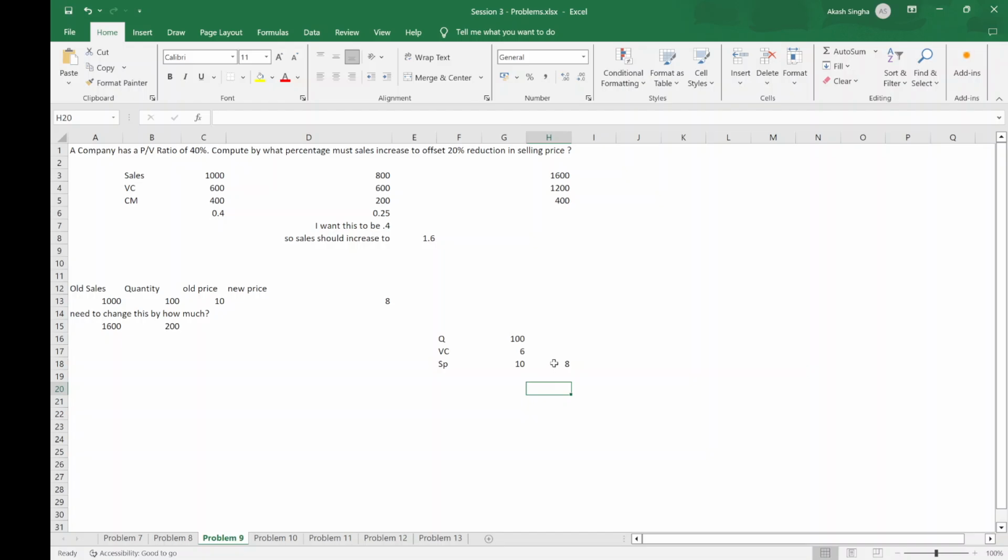Now variable cost is still 6, and we have to calculate what the quantity is, right? We want our PV ratio to be 0.4.